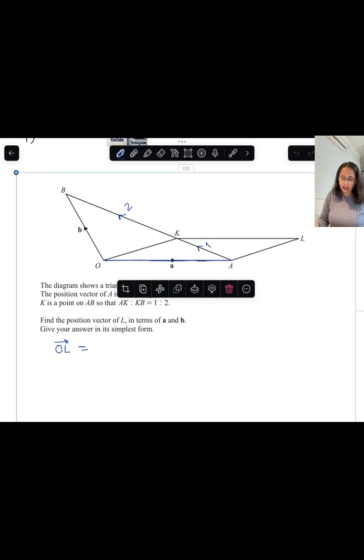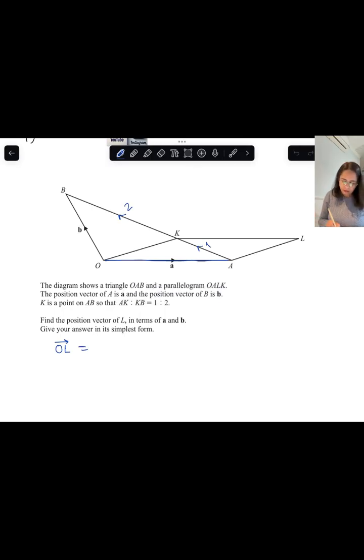I am going to take the path OA plus AL. Now remember, since this is a parallelogram, AL is the same as OK. So I may replace this as OA, which is a, plus OK. Because it's a parallelogram, these two are going to be the same.